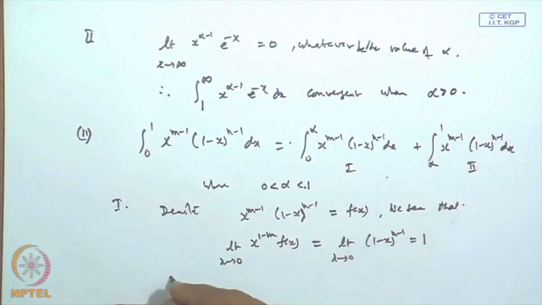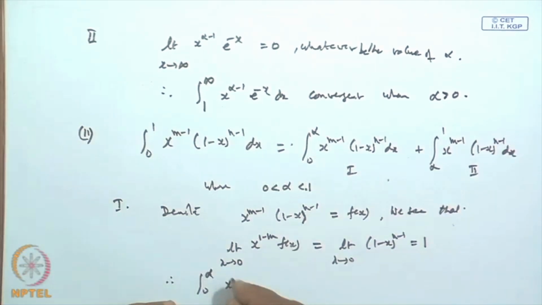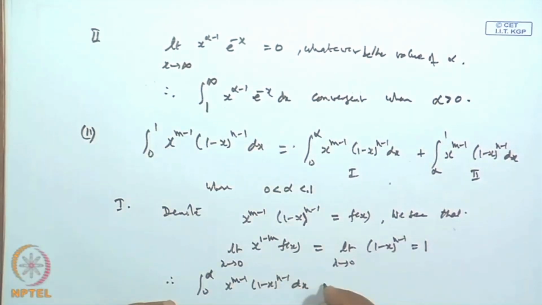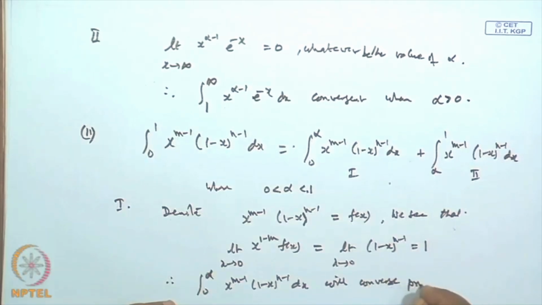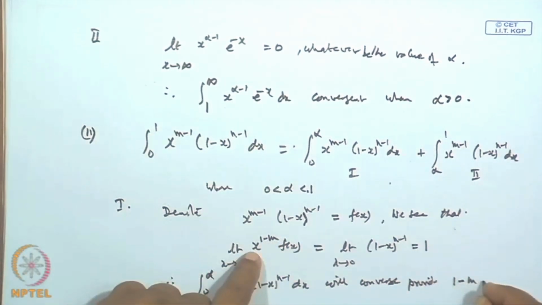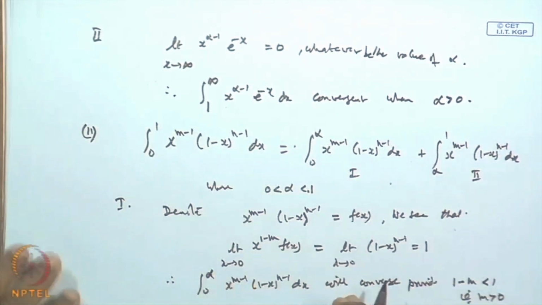So the integral 0 to alpha of x to the power m minus 1 (1 minus x)^(n minus 1) dx will converge, provided 1 minus m, by which we are multiplying, is strictly less than 1, that is m is greater than 0, by the mu test.